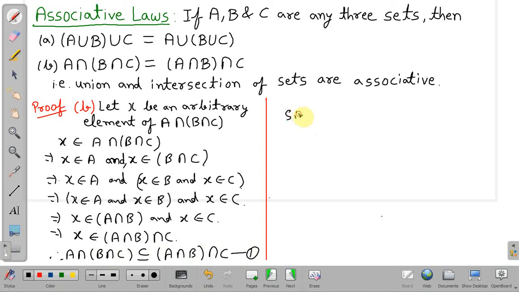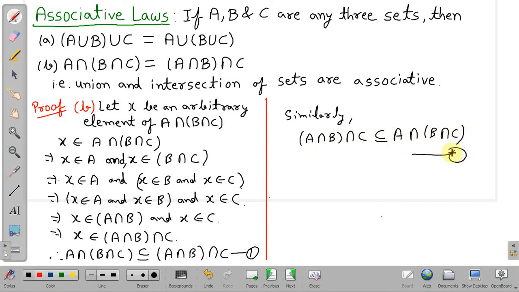Similarly, we can prove that A intersection (B intersection C) is a subset of (A intersection B) intersection C, and this is our equation number 2.